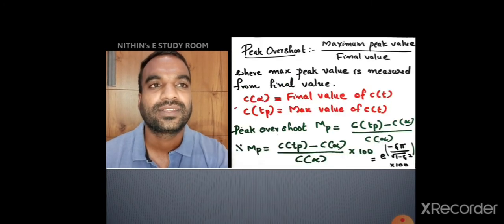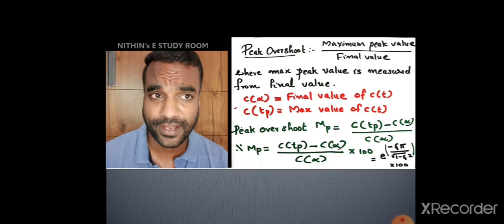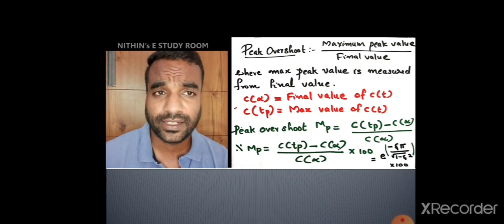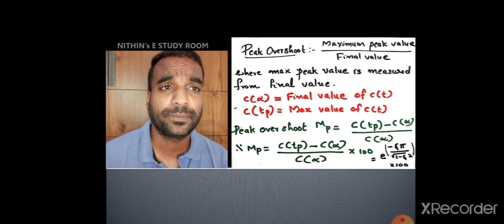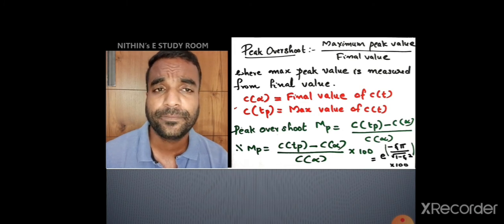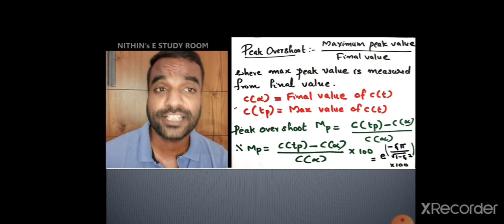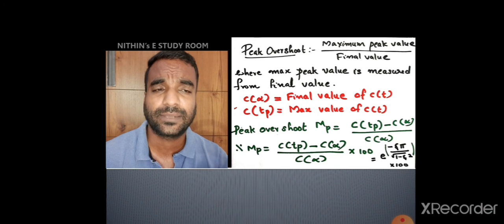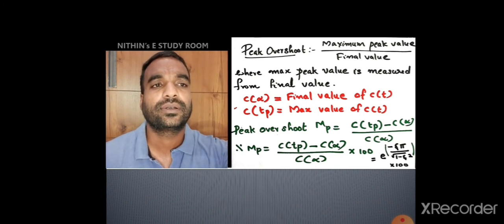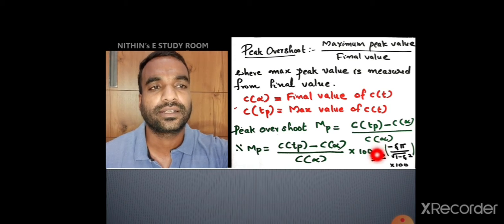Please think. That is the maximum peak value. So peak overshoot is nothing but maximum peak value by final value. It is C of TP minus C of infinity divided by C of infinity, multiplied by 100.